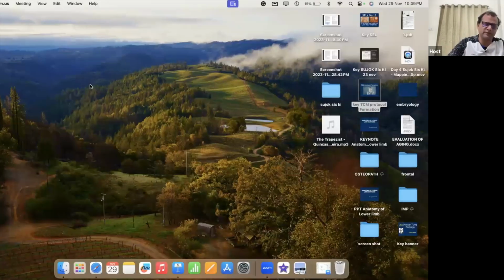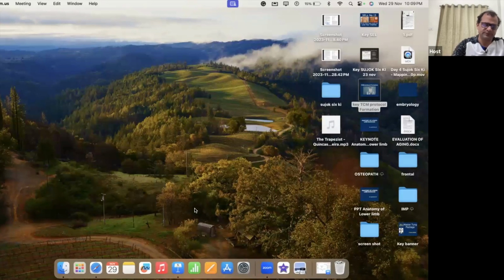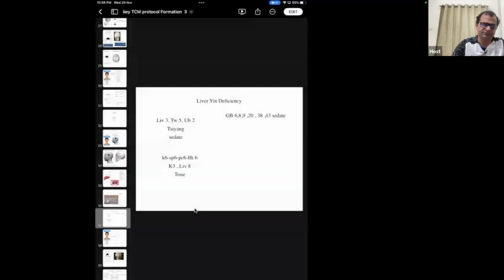UB2 is the local point. If there is any problem happening in the head region, we can always choose the UB2 point. UB2 is also one of the great points. So we have taken 2 points here.